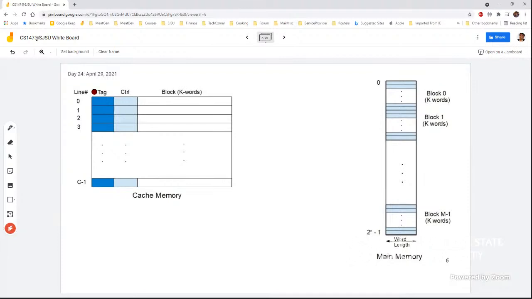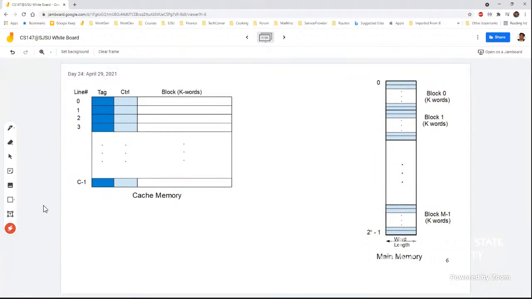We would otherwise need to do mod and div operations, but if k and c are powers of 2, we can avoid the extra circuitry to compute division and modulus.